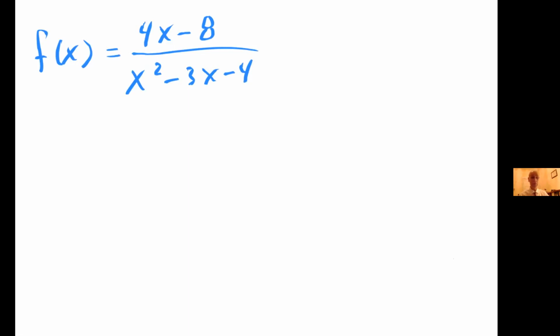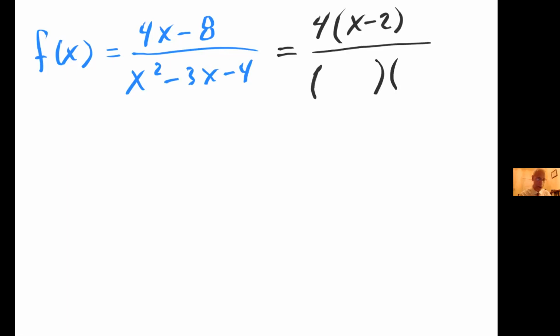Let's factor the numerator. That factors to 4 times x minus 2 over the denominator, which factors to x minus 4, x plus 1. Nothing is canceling out, so f of x is in its most reduced form. So I'm ready to go.